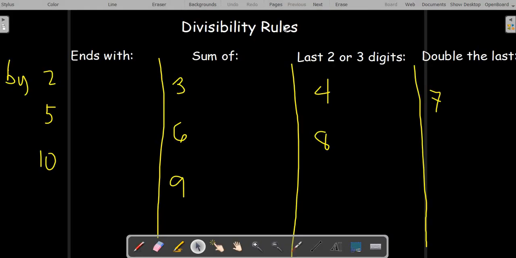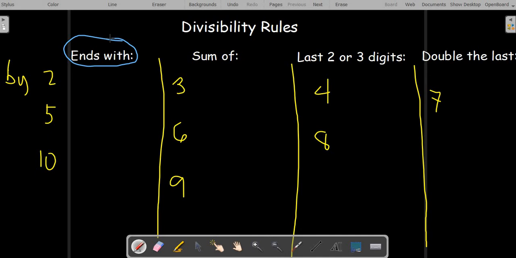Actually, we can group them, so that it's easy for us to memorize. So I put it this way. This group is the ends with group. Here are the divisible by 2, 5, and 10.